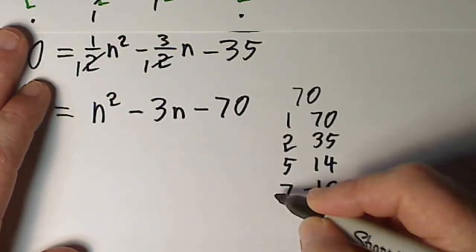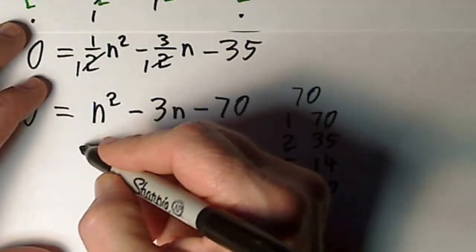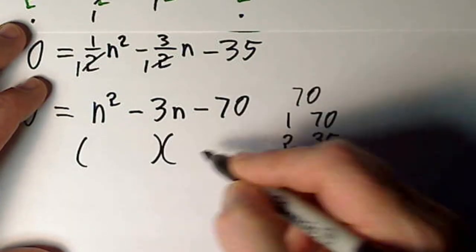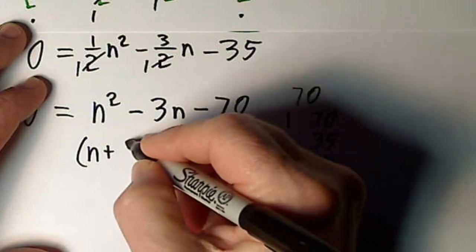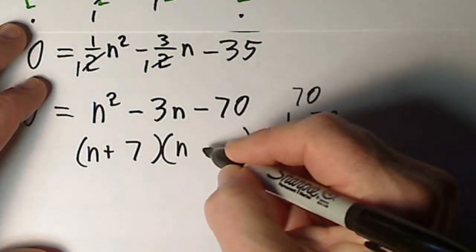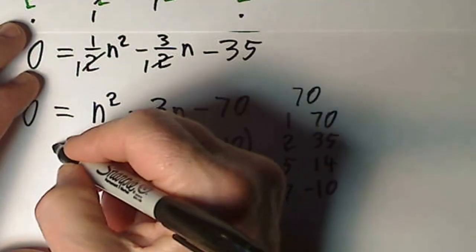So it must be negative 10, positive 7. So the factored form is n plus 7 and n minus 10.